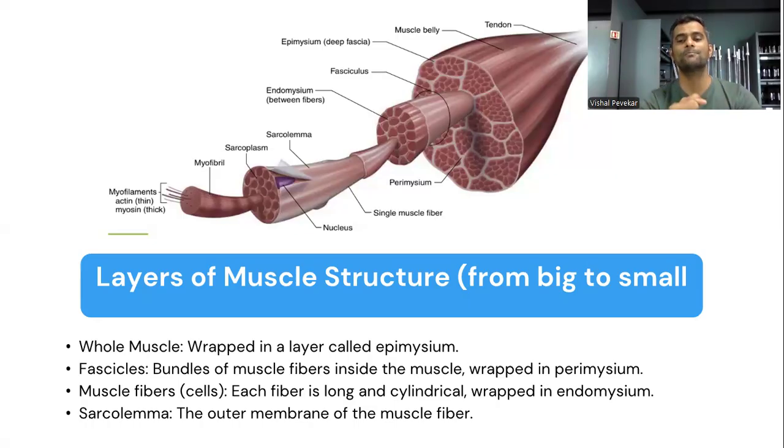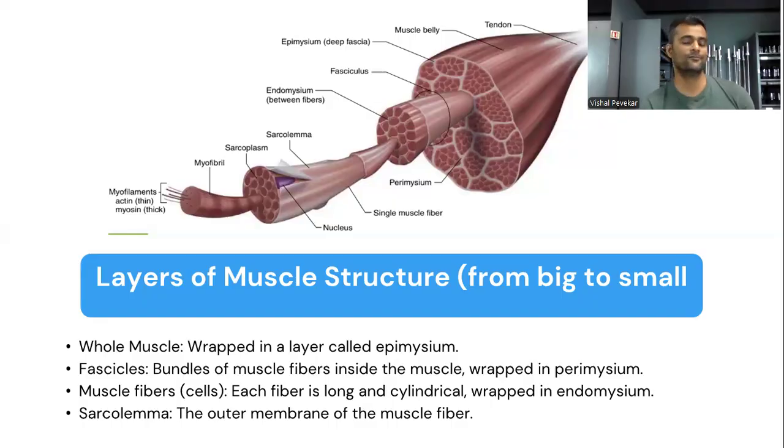Fascicle is wrapped with a protective layer, which has certain important roles to play, and that's called perimysium. Now all these fascicles, a lot of bundles put together, comprise your muscle. So a muscle will have a lot of fascicles, a fascicle will have a lot of muscle fibers, and a muscle fiber will have a lot of myofilaments.